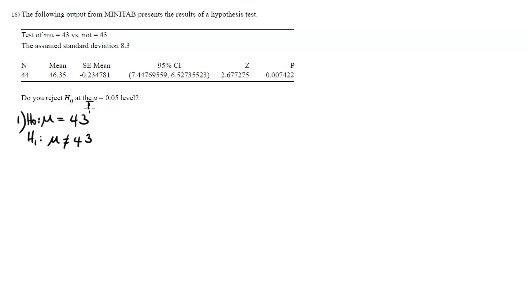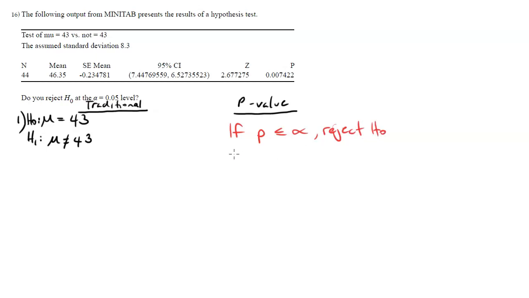Now I can show this with the traditional method and the p-value method. I'll show the p-value method first because it works really well when we're talking about this Minitab output. Remember, for the p-value method, if the p-value is less than or equal to alpha, reject the null hypothesis.